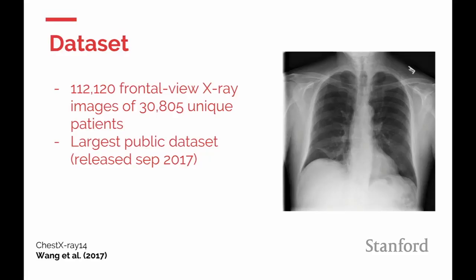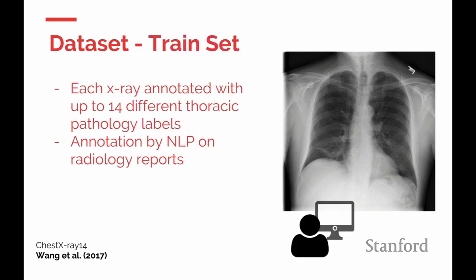For the data set, when we started working on this project, which was around October of last year, there was this large data set that was released by the NIH of 100,000 chest X-rays. And this was the largest public data set at the time. And here, each X-ray is annotated with up to 14 different pathologies.